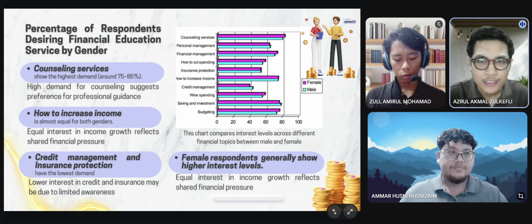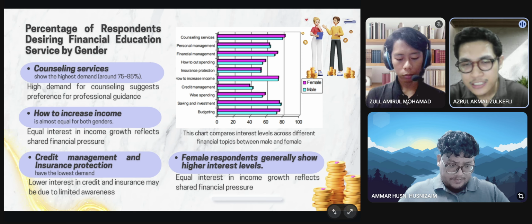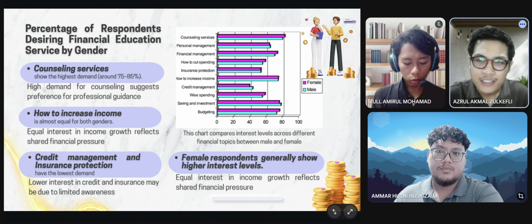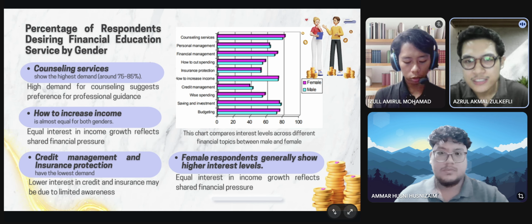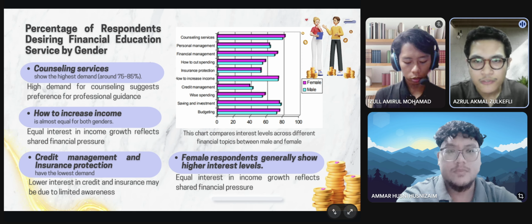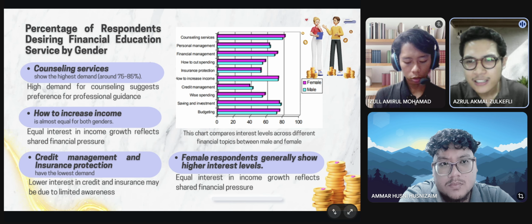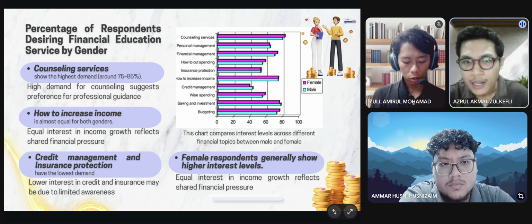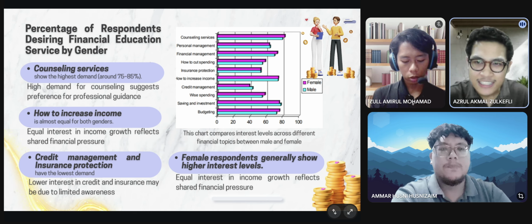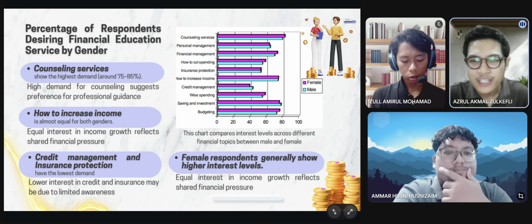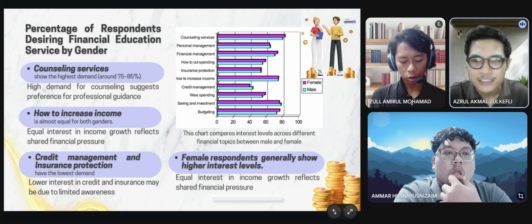And here, as we can see, according to the chart, the highest percentage of respondents desiring financial education services is observed in counseling services, reaching around 75 to 85% among females and slightly lower among males. The high percentage of respondents seeking counseling services indicates a strong interest in receiving professional guidance for managing personal or family finances.